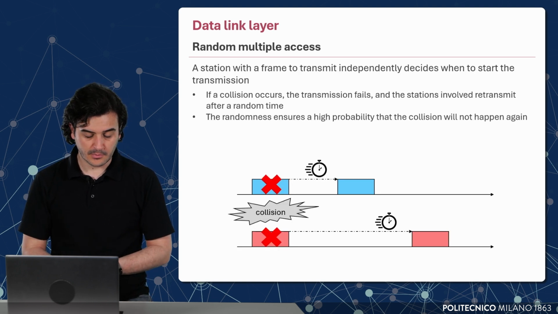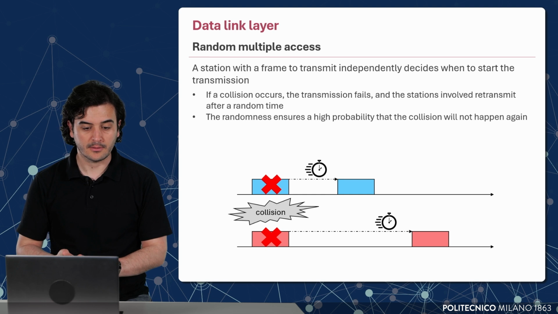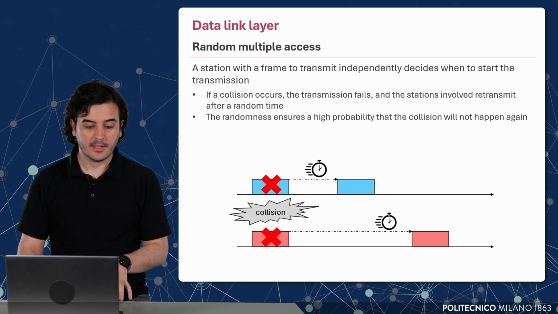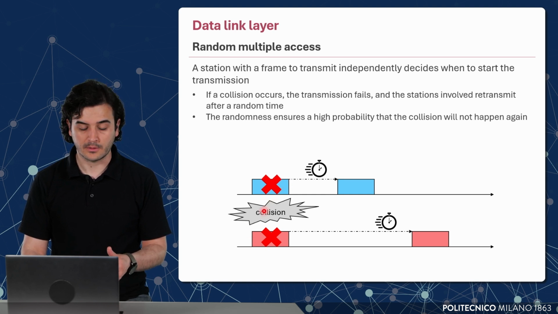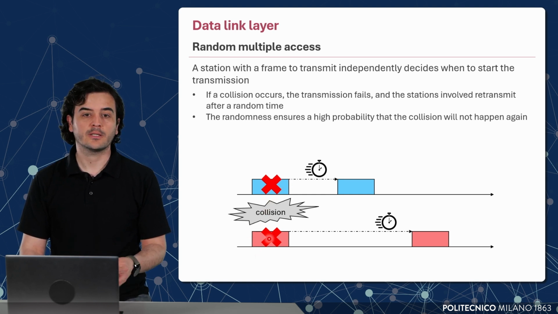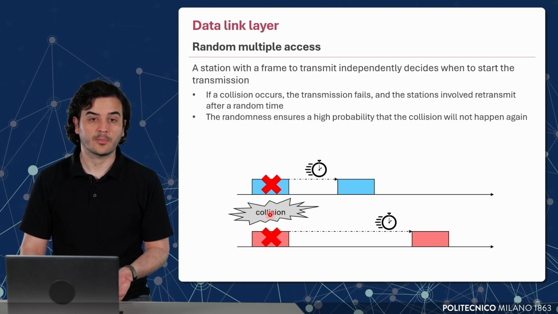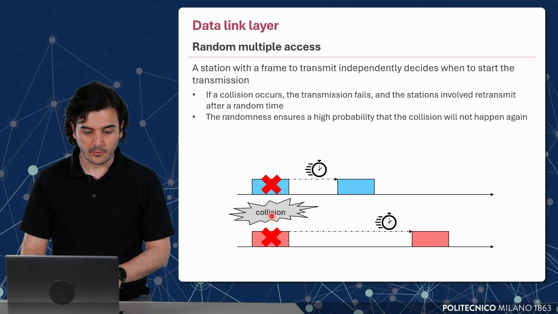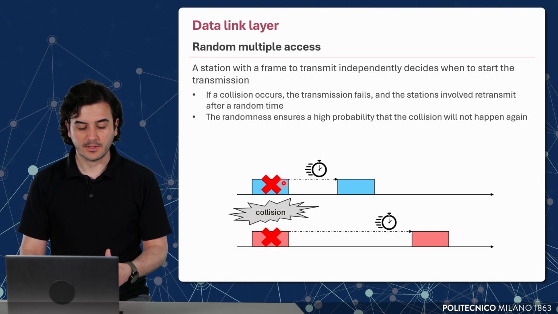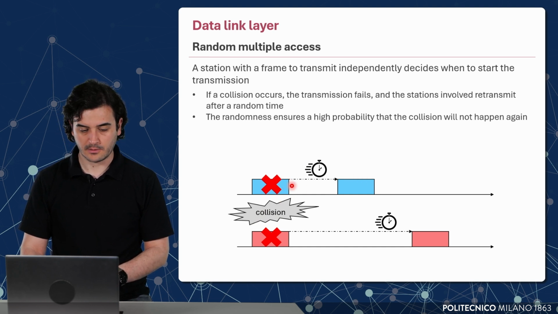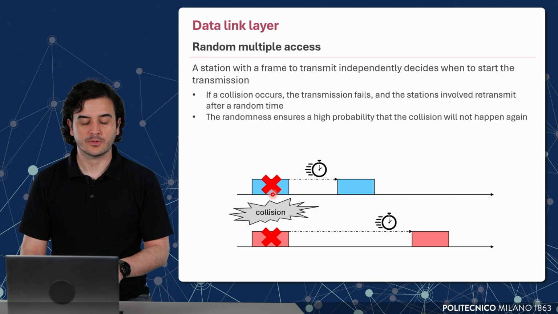One of the scenarios in which we might apply random multiple access is a case in which we have two transmission stations, a blue one and a red one, which are transmitting at the same time. If they transmit at the same time, then a collision happens. One of the simplest ways to avoid this is initializing a random time after which each of the stations starts the retransmission.